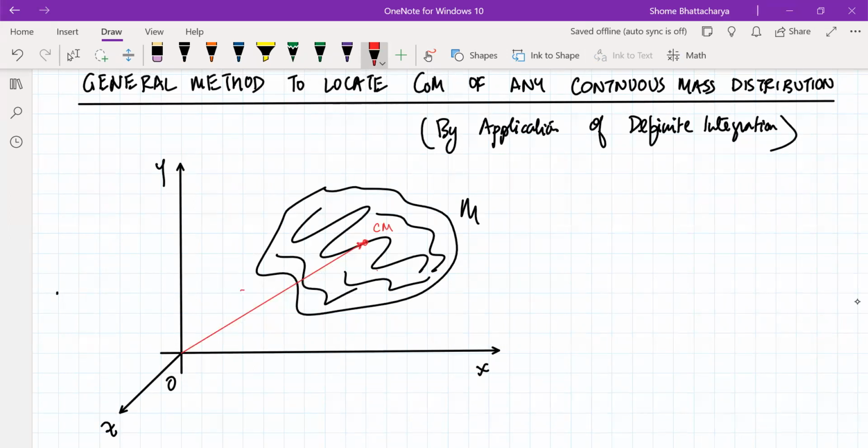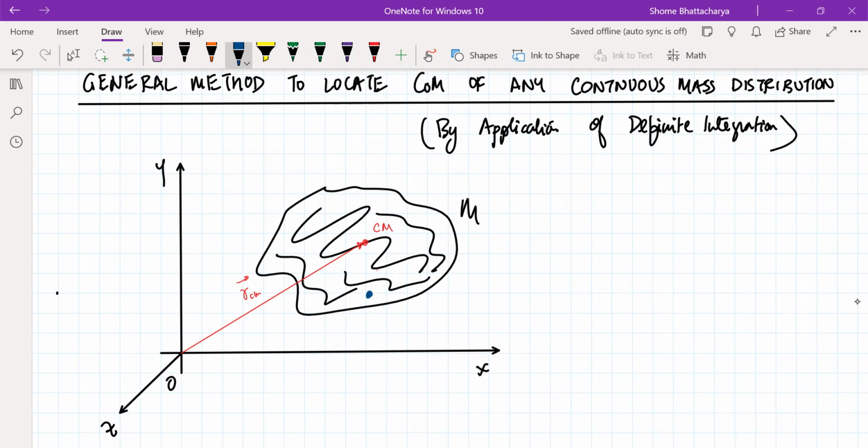So basically we apply the concept that the center of mass is the weighted mean position of all individual particles that constitute the rigid body. But the difference here is, because it's a rigid body, when we consider an individual particle that is part of the rigid body, it's a very small mass.